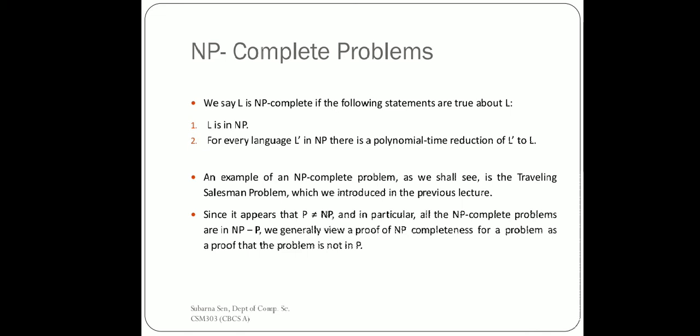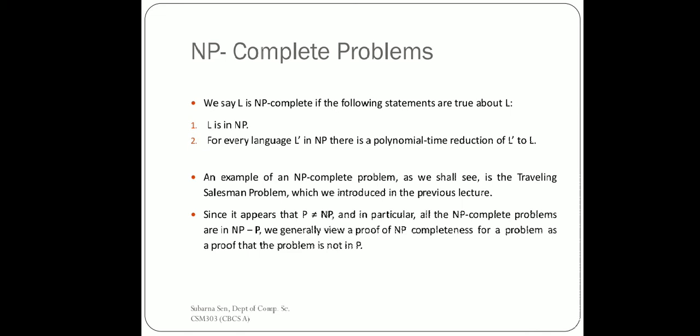Second, for every language L dash in NP, there is a polynomial time reduction of L dash to L. That means we are mapping one class of problem to a class that can be solved in polynomial amount of time. If these two hold, then we can say it is NP complete.